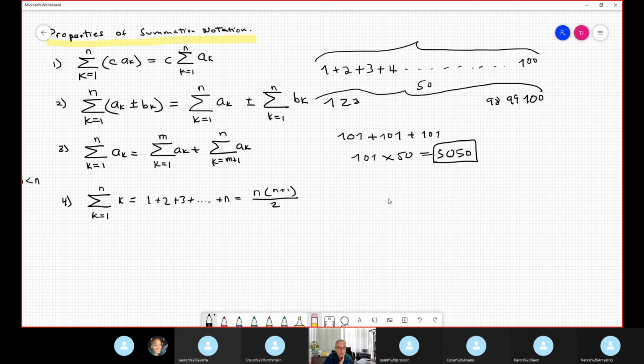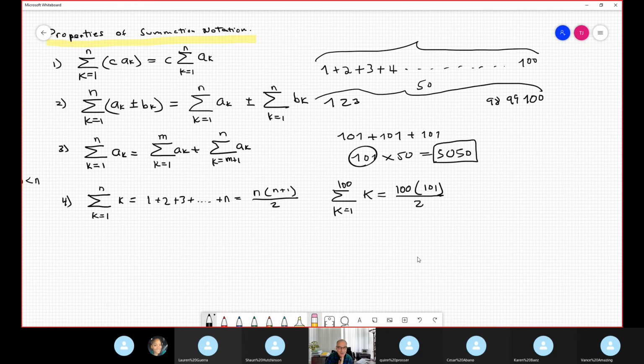Look, suppose that I need the summation from k equals 1 to 100 of the first 100 numbers. You compute it: this is 100, the formula, this is 101 because of 100 plus 1, divided by 2. And 101 is this number, and 100 divided by 2 is 50. A smart boy, eh?